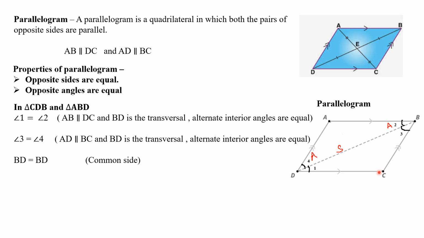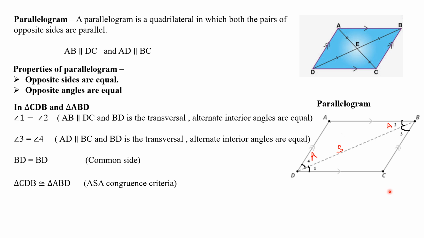Corresponding parts means their corresponding sides, their corresponding angles will also become equal. So I can say that the opposite sides AB will equal CD because AB and CD are the corresponding sides of both the triangles. Similarly, BC will be equal to AD because they are also the corresponding sides.